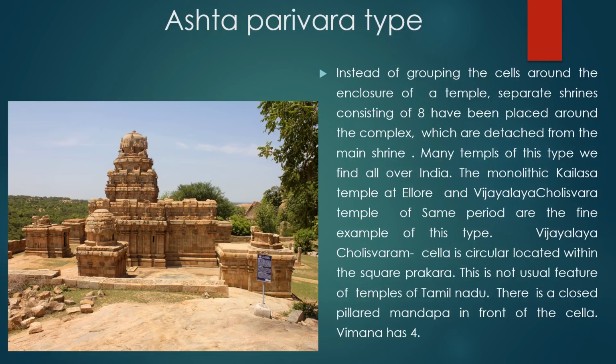Then the second tala rising over the inner circular wall is square. Even in the tala also, we have the square and also the circular. The third griva and sikhara above is circular in section. So this is the typical Ashtaparivara type in Tamil Nadu.